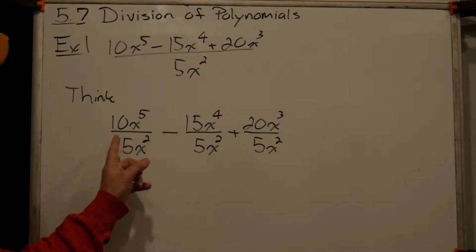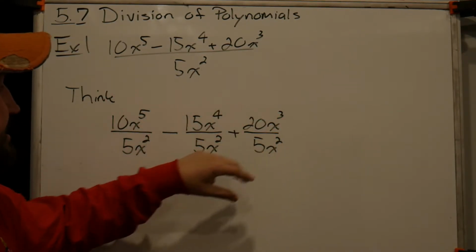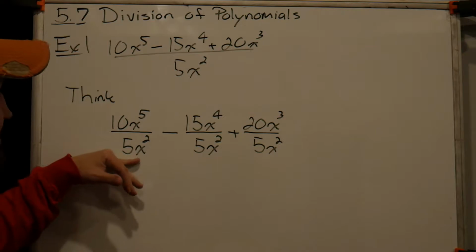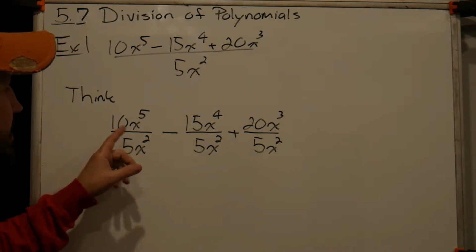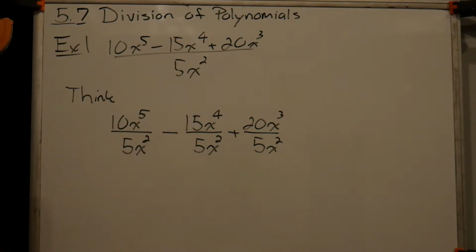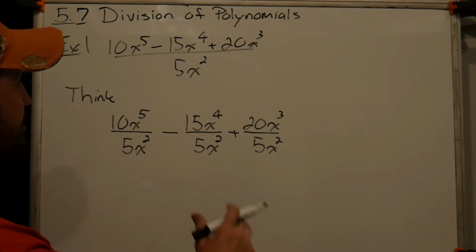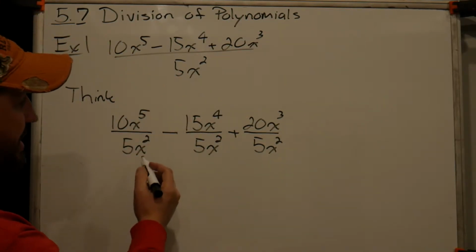Had we taken all three of these and gotten 5x squared in the denominator, we would have just combined the numerators. That's what we were doing in the first few sections. But now we think backward of that.